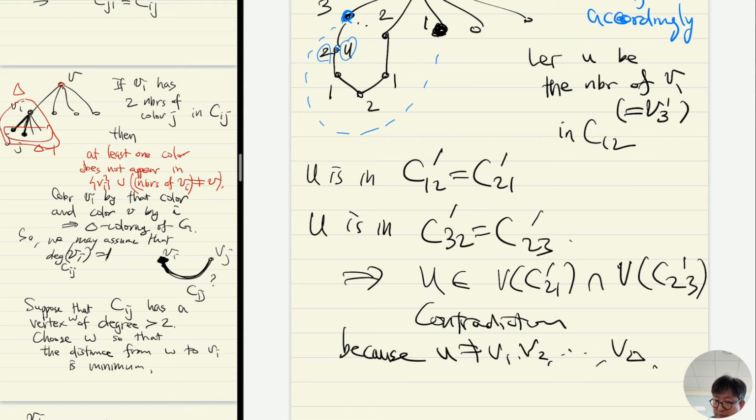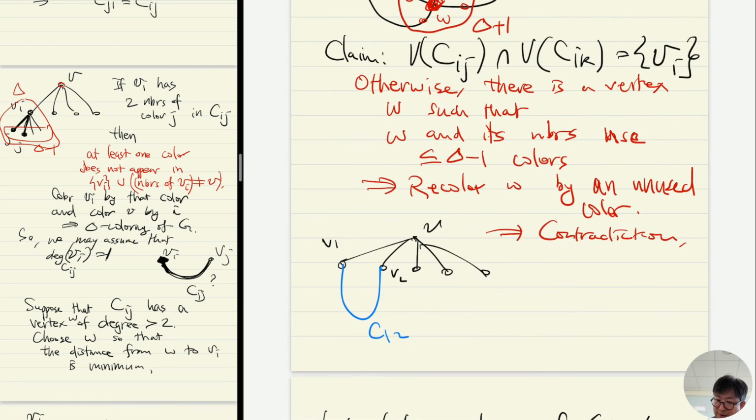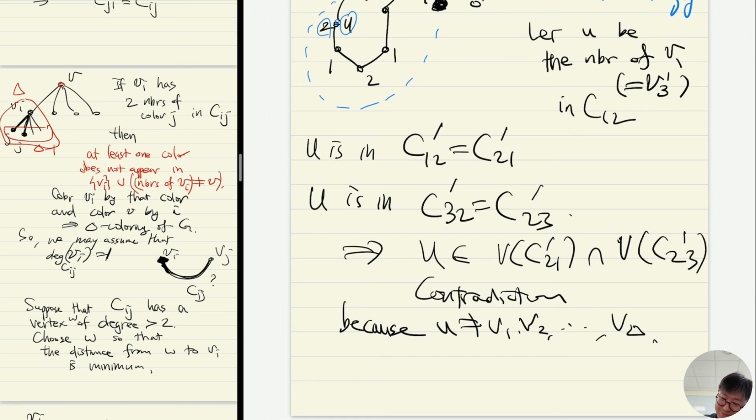Remember, by the claim, if you have two paths, the only intersection is at the vertex, which is a neighbor of V. All right, so that's the proof. Yeah, that's the proof of Brooks' theorem.